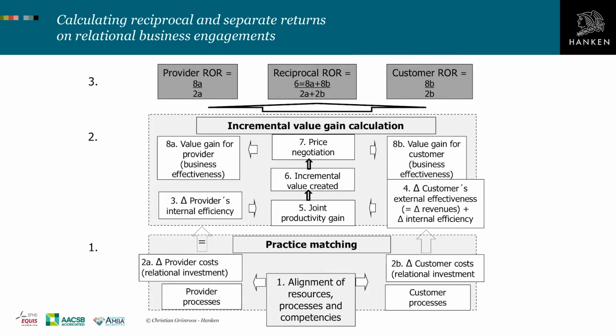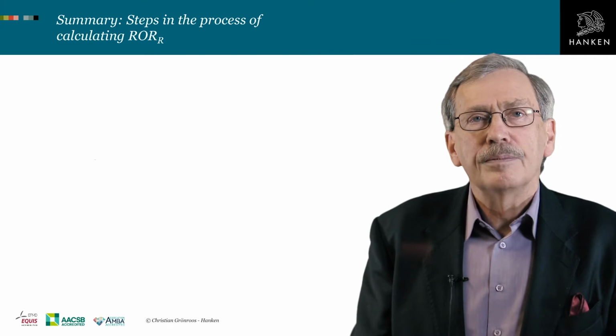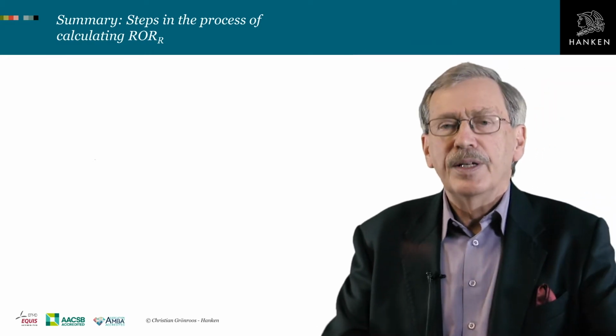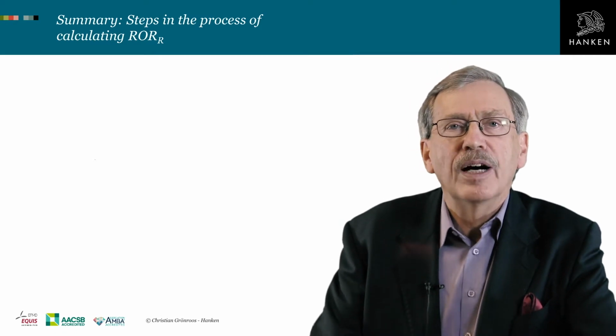That is value gained for the customer divided by the customer's additional costs, which equals the relational investments of the customer. Easy mathematics. It looks difficult, but it isn't. But then come the difficulties, and that is to get all this together and get the figures required.